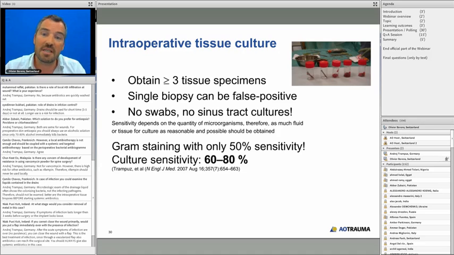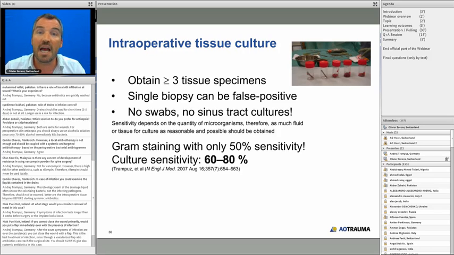They should be taken at the interface between the implant and the soft tissues, not at a distance from the infection. If we take them very close to our implant, we increase the chance of finding what's really going on. We should not go for only one single biopsy, as it can be false positive. So at least 3 to 5 specimens, very important.